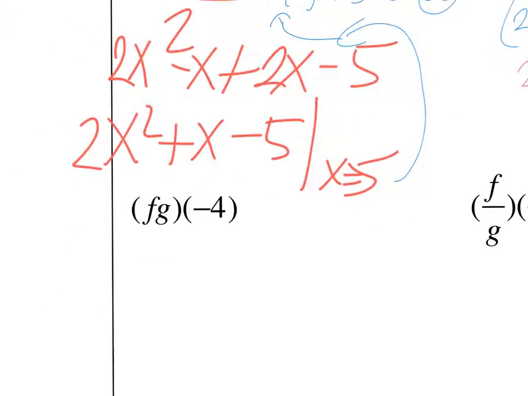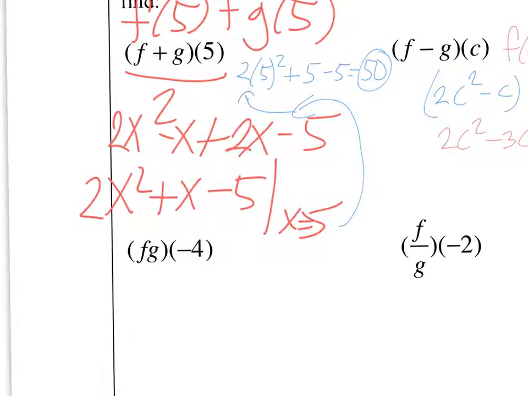For the third part, we're looking at fg of negative 4. In other words, f of negative 4 multiplied by g of negative 4. I'm going to do this one in a slightly different order. The other two I added first, and then I dealt with whatever we're plugging in. This time I'm going to plug in first.